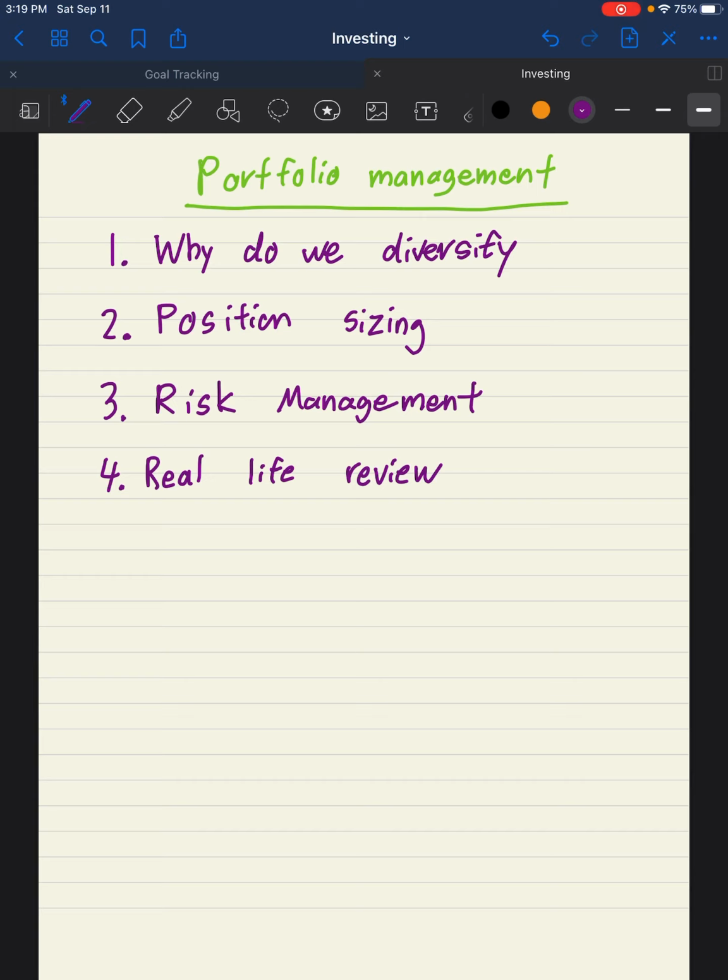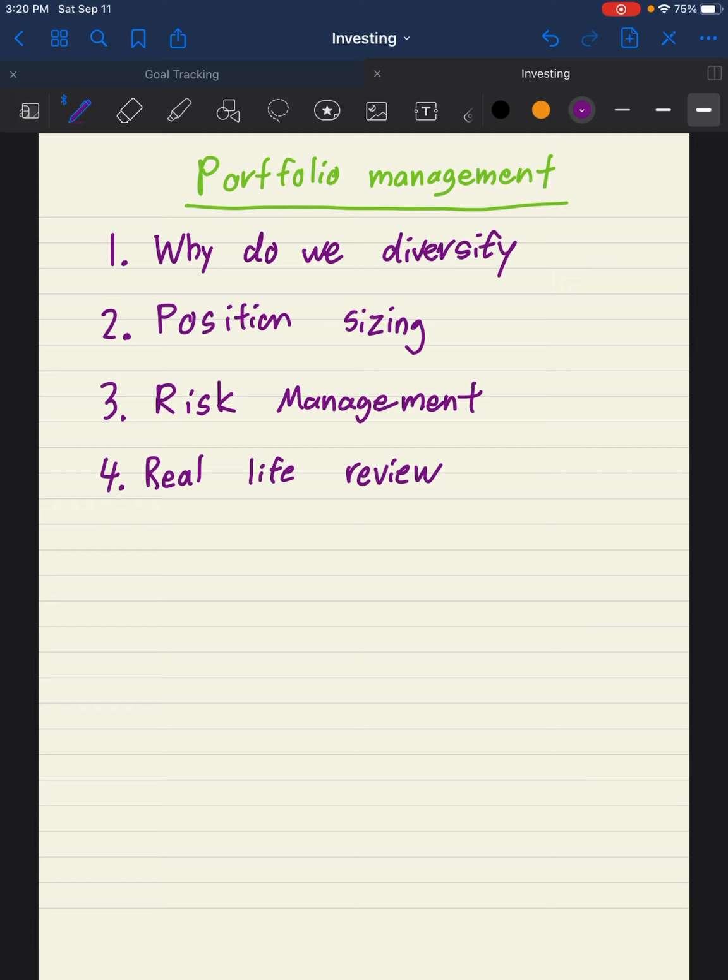So I really hope this recording works, but this week's topic is on portfolio management. We're going to talk about why we diversify within a portfolio. We're going to talk about sizing, so how many positions is ideal, and what the percentages should look like within the portfolio.